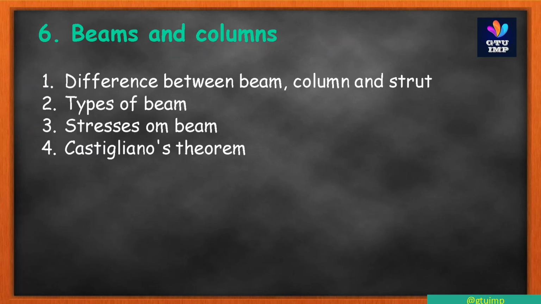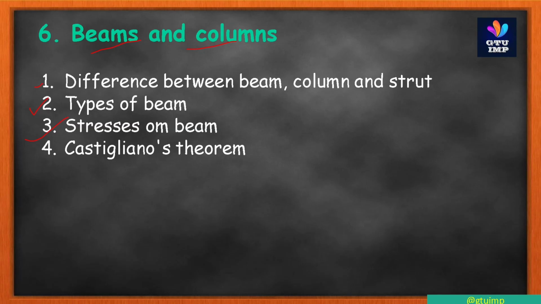Now after you prepare all chapters, you can prepare the beam and column chapter, which is the last chapter. First is the difference between beam, column and truss. Second is the types of beam. Third is stress on beam.